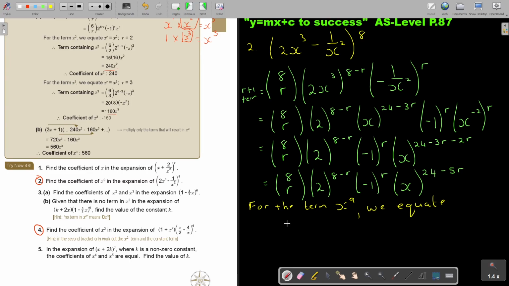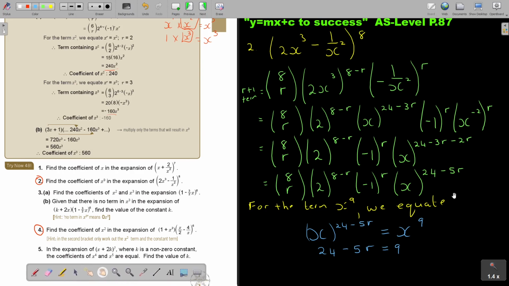Basically, we're just going to say, can I just show you? We're going to say x, I know it's going to be 24 minus 5r, but I'm interested in x^9. So the x's are the same, so 24 minus 5r is equal to 9.